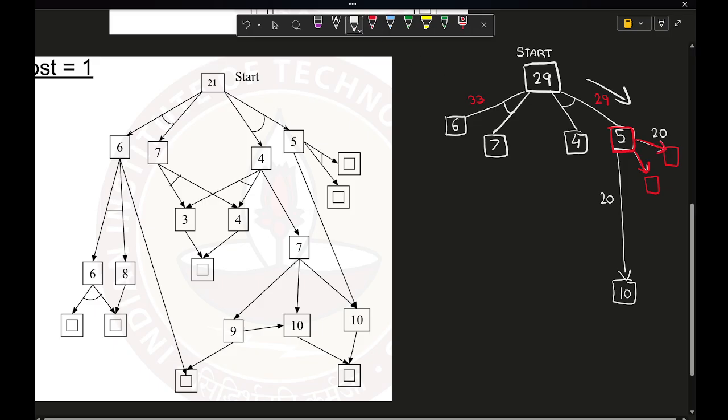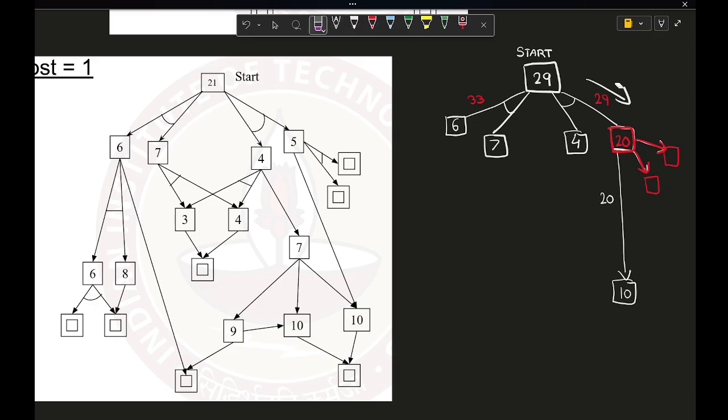Now because this cost has updated, this 5 would instead become 20. I don't need this here. The cost would now update to 4 plus 20, that is 24 plus 22, so this would become 44.